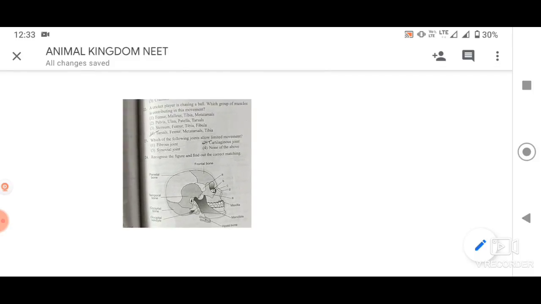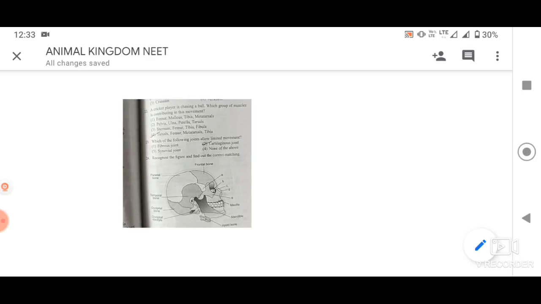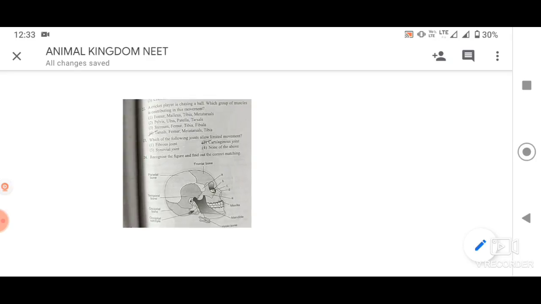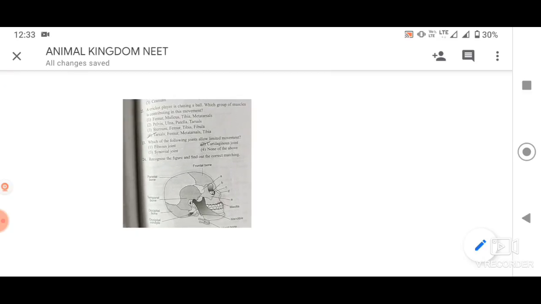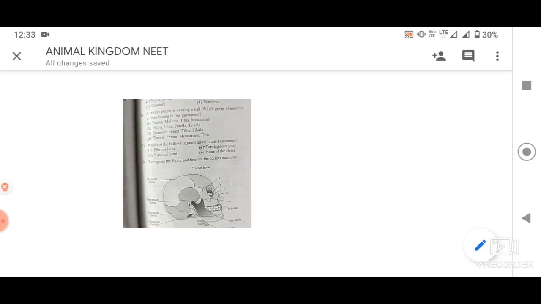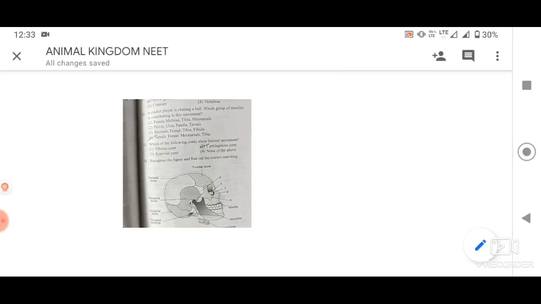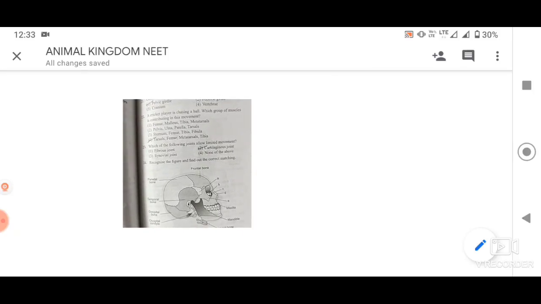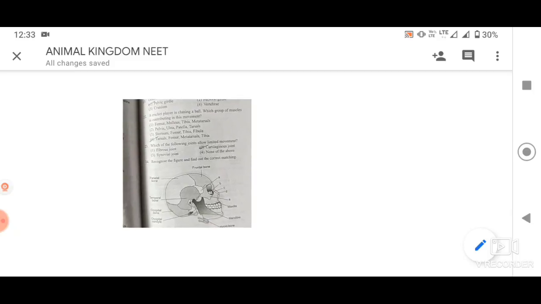Then D, my dear friends, see, D is nasal bone. Very clearly it can be indicated, near the nose they have marked. So go for D as nasal bone. Then finally we have E, below the eye socket, or above the maxilla, they have marked here E. So E here is zygomatic bone, my dear friends.